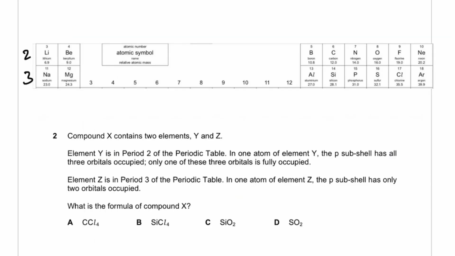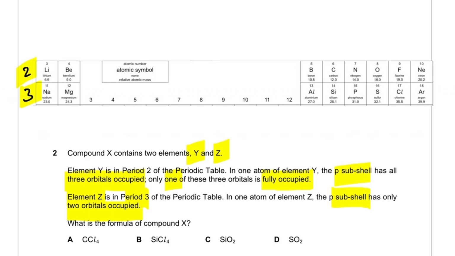Question number 2. Compound X contains two elements, Y and Z. Element Y is in period 2. In one atom of element Y, the p subshell has all three orbitals occupied, only one is fully occupied. Element Z is in period 3, and in one atom of element Z, the p subshell has only two orbitals occupied.